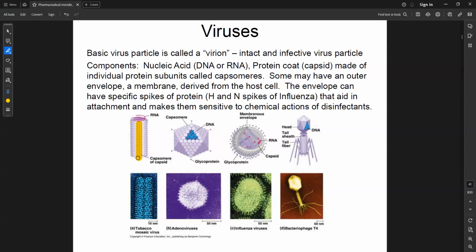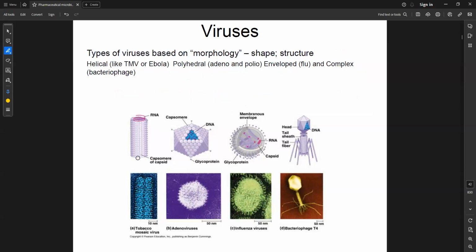Some may have an outer envelope, a membrane derived from the host cell. The envelope can have spikes of protein, like the H and N spikes of influenza, that aid in attachment and make them sensitive to chemical actions of disinfectants.